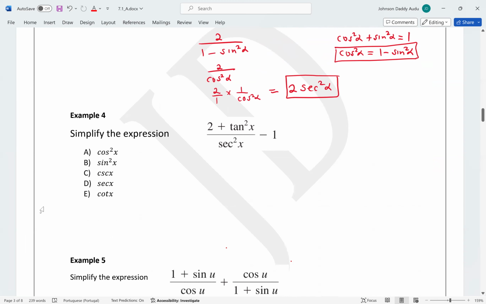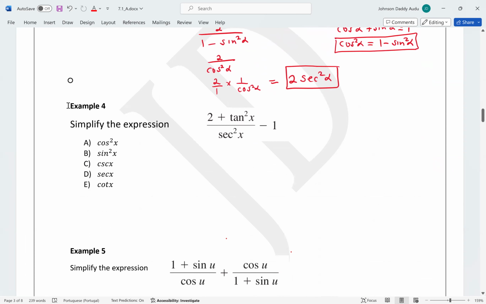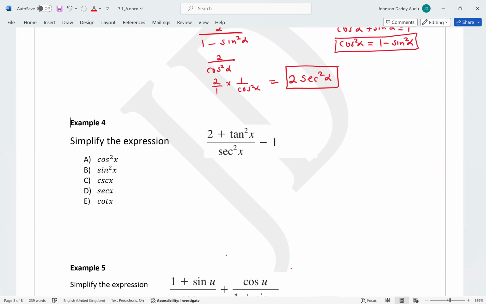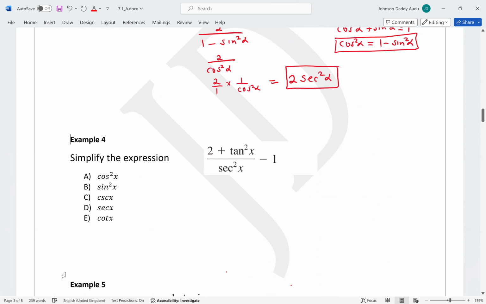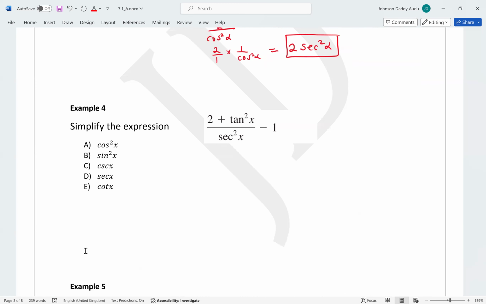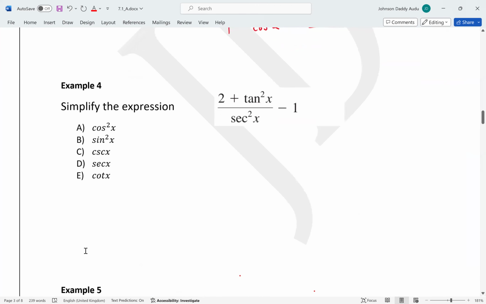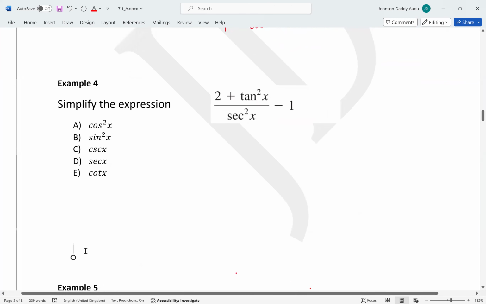Now, number 4. For number 4, it's also similar, but here, let's see what we can do. Here we want to simplify as well. So here there are many options. There are things you can do.